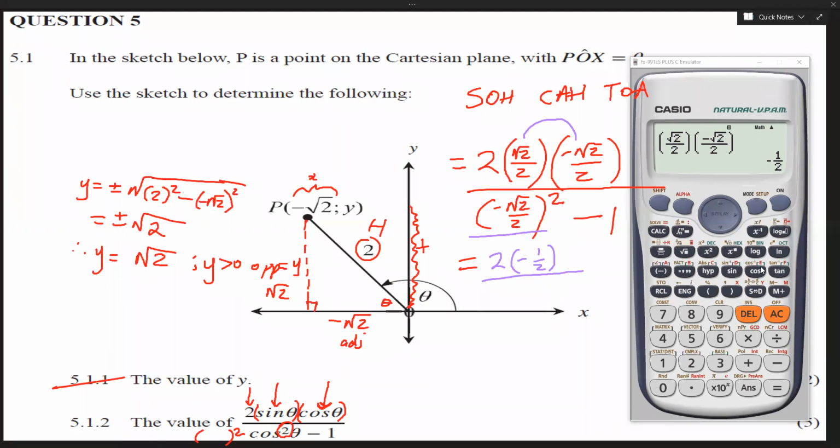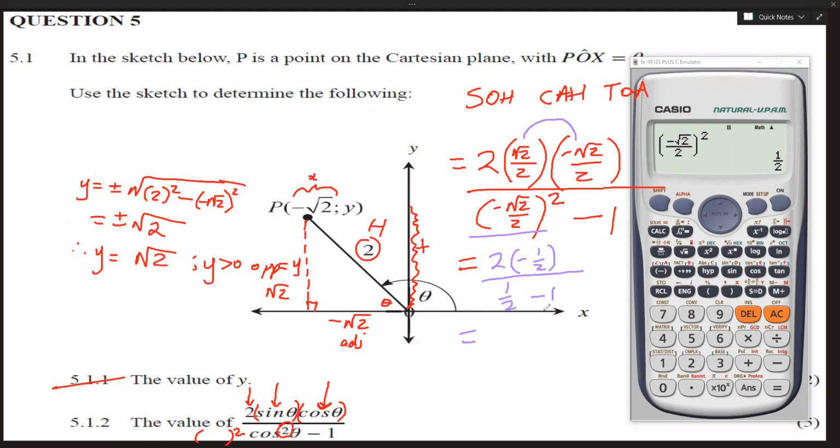I'm going to put the negative inside, and then we're going to square it. So that gives us 1 over 2. So here I have 1 over 2 minus 1. Now you can press a calculator to get the value of that.